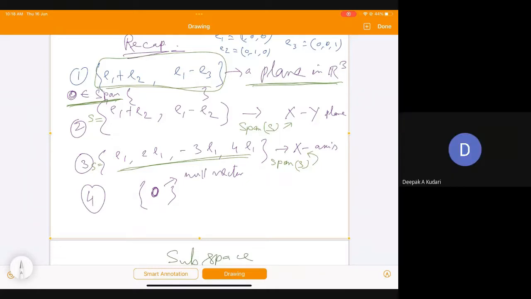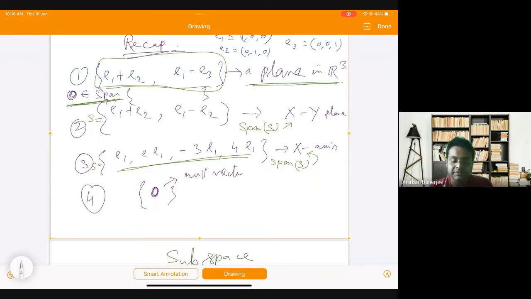Okay, sir. Got it. Okay. So, for example, in the second example, the set S, which contains two vectors, generates the subspace which is the xy plane. In the third example, those four vectors generate the subspace which is the x-axis.